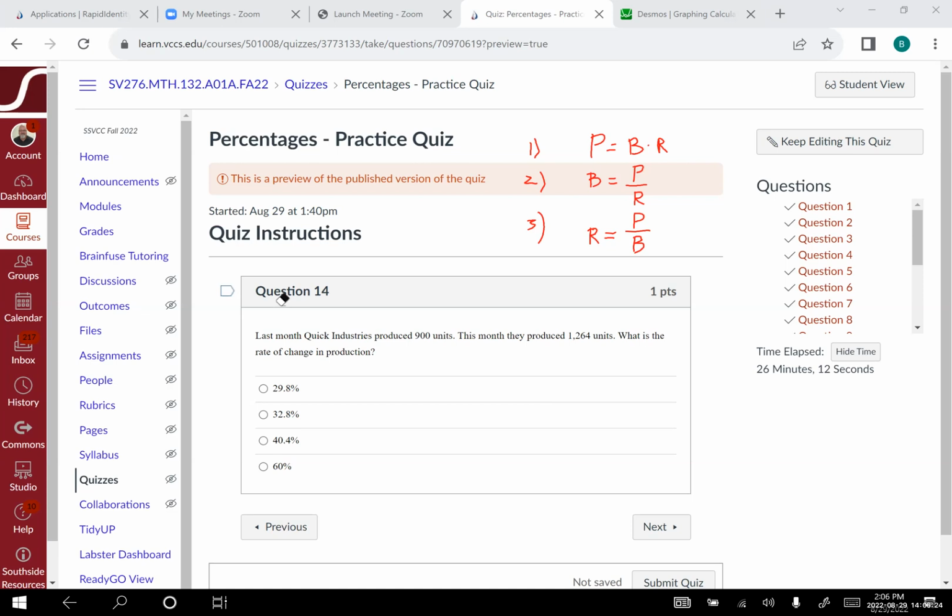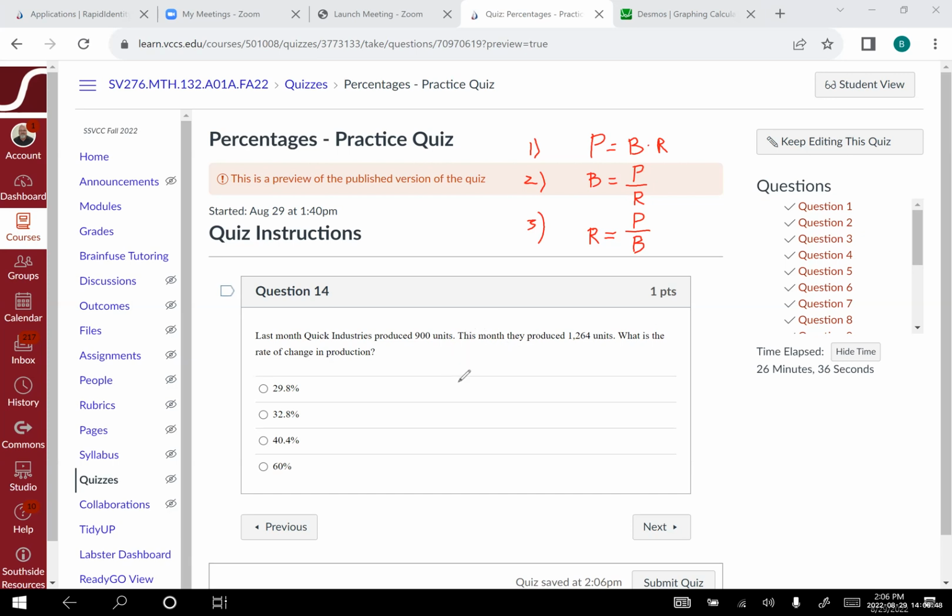All right, last month, Quick Industries produced 900 units. This month, they produced 1,264. What is the rate of change in production? Well, before we can find, we're looking for the rate, obviously, because they say, what is the rate of change? I need to find what the increase was. How do I find the increase?